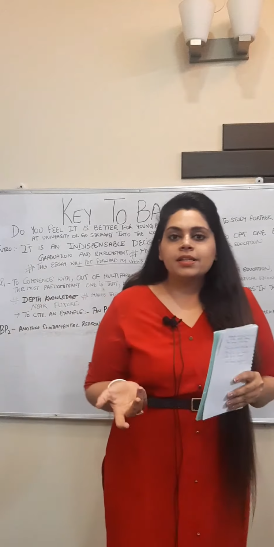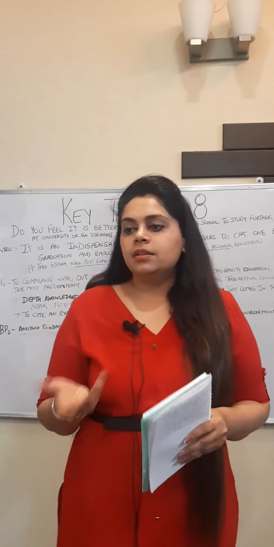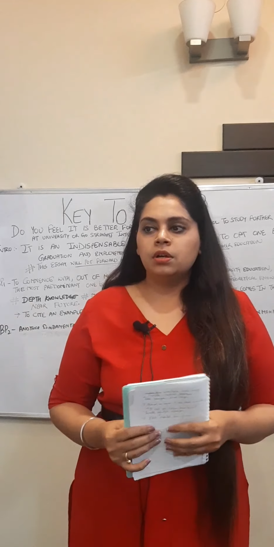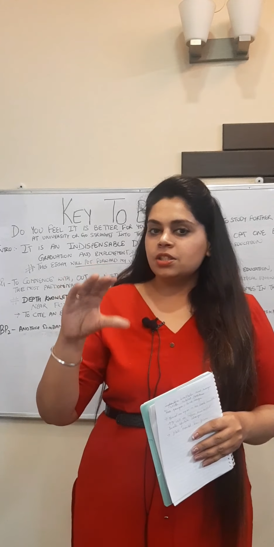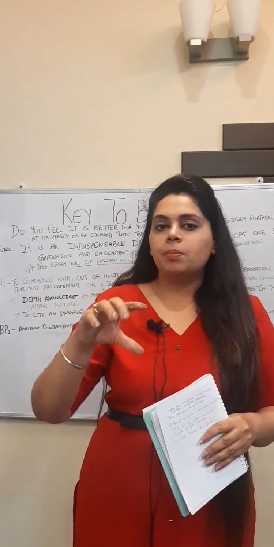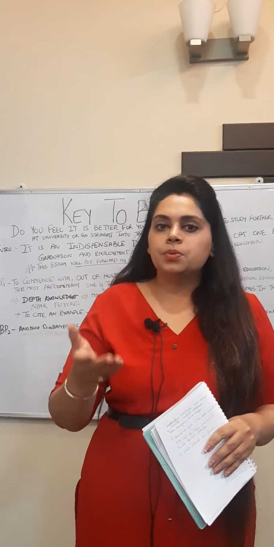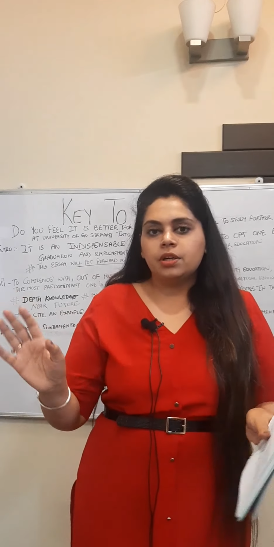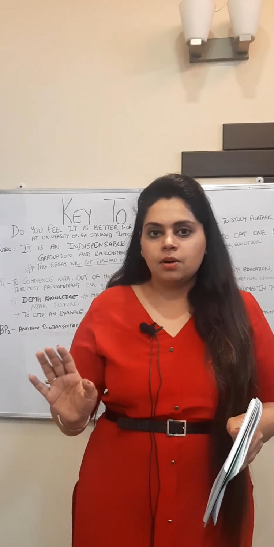Now, as a beginner, the candidate will read this question and they'll start writing about a student who, for the BP1, they will write about the student who goes to the universities, what we feel, right? What are the advantages, say. Alright.